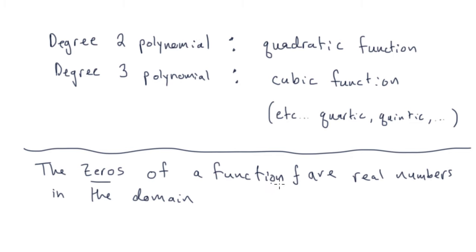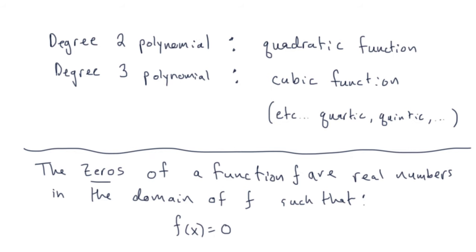So the zeros of a function f are real numbers in the domain of f, such that, well, the word 0 kind of gives it away, f of x is equal to 0. So we're looking for numbers x in the domain of the function for which f is equal to 0.